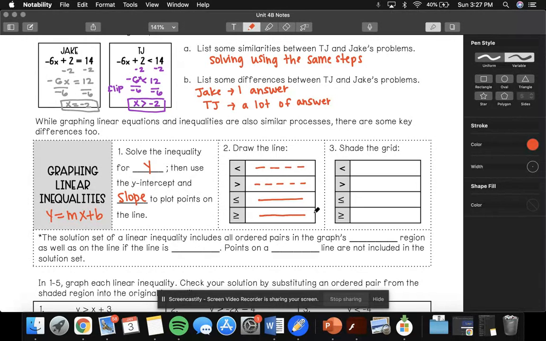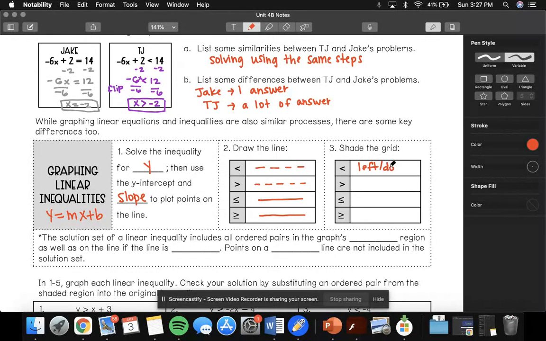Okay. Then again, if we had something like x is greater than negative 2, we would shade to the right because it's everything that is larger than negative 2. So if we think about a line on a coordinate plane, we are also going to have to be shading as well. So if we have something like y is less than something, we are going to shade left or down.